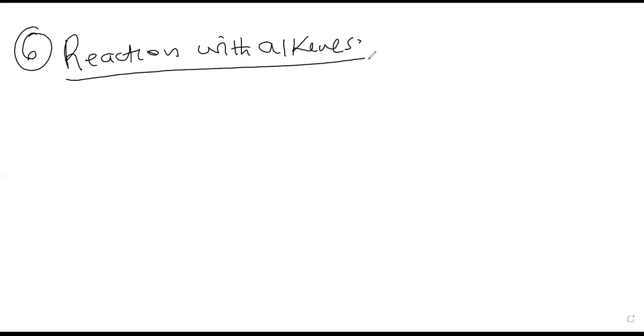Reaction with alkenes. So what do we do here? Instead of using alkyl halides, because the other time we used alkyl halides to alkylate in presence of halogen carriers, this time around, you can still alkylate benzene using an alkene and Friedel-Crafts catalyst together with an acid such as hydrochloric acid or phosphoric acid. For example, you can have this reaction.